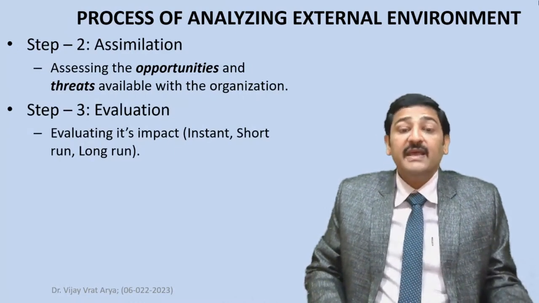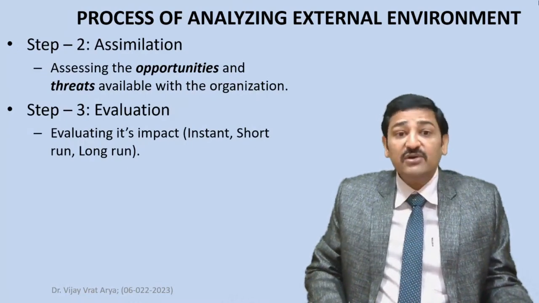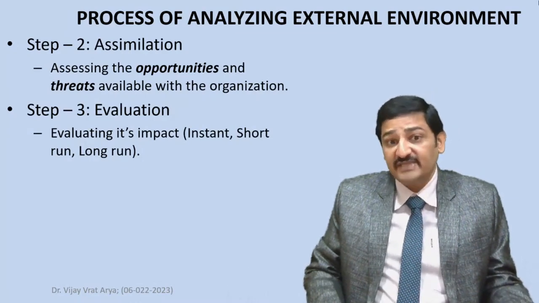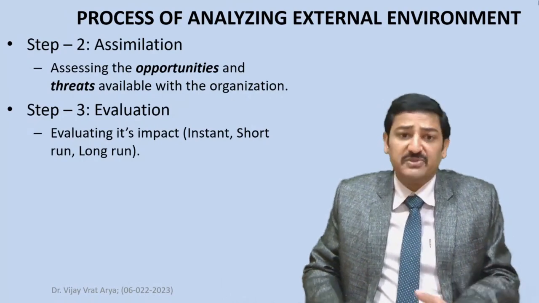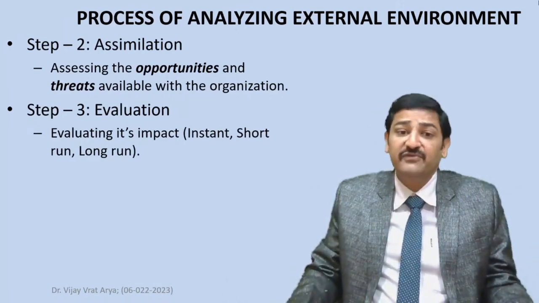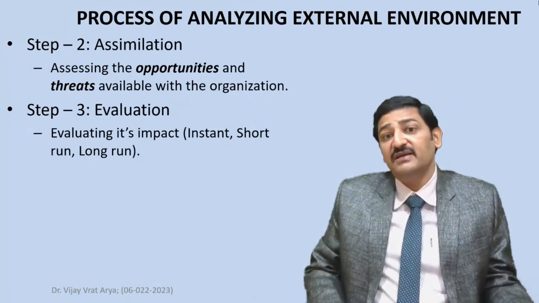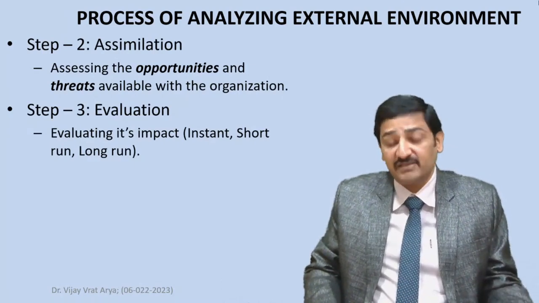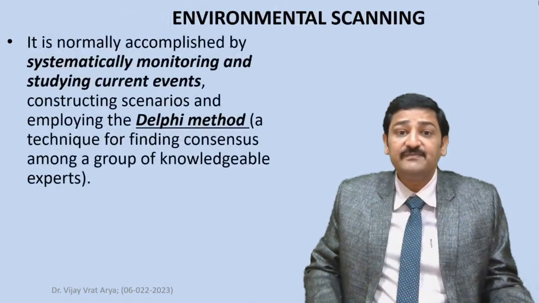In step number three, evaluation, the impact of these opportunities and threats with respect to the different factors is analyzed, for the purpose of understanding the instant impact of these changes or environment-related factors, maybe the short term or maybe the long run impact. Those types of evaluation are considered in step number three.